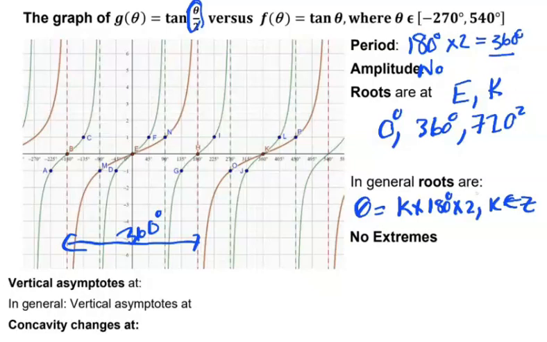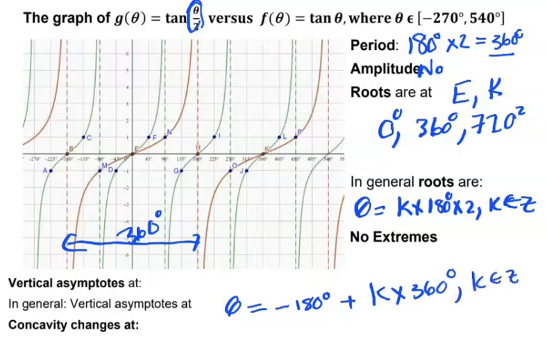Again, we do not have any extremes, and the vertical asymptotes in this case will also be double what it was before. So if we first look at, for instance, theta equal to minus 180 degrees, then we need to add k times 360 degrees, where k is an element of Z. Again, we could just as well set plus 180 degrees if we look at H there.